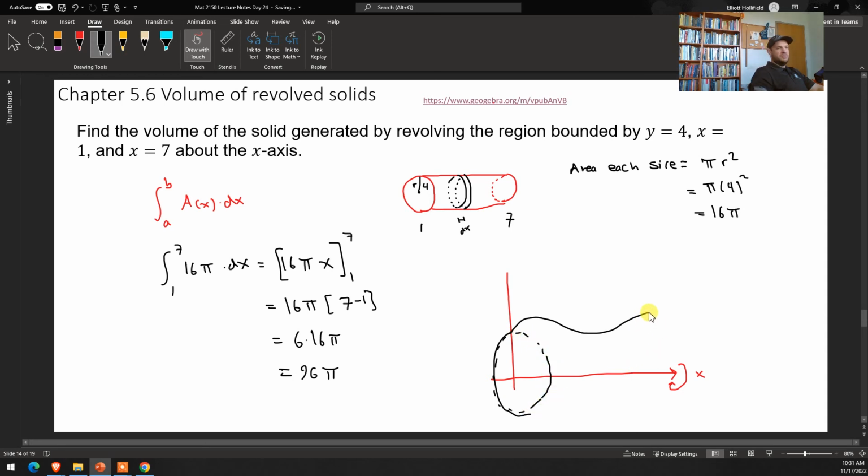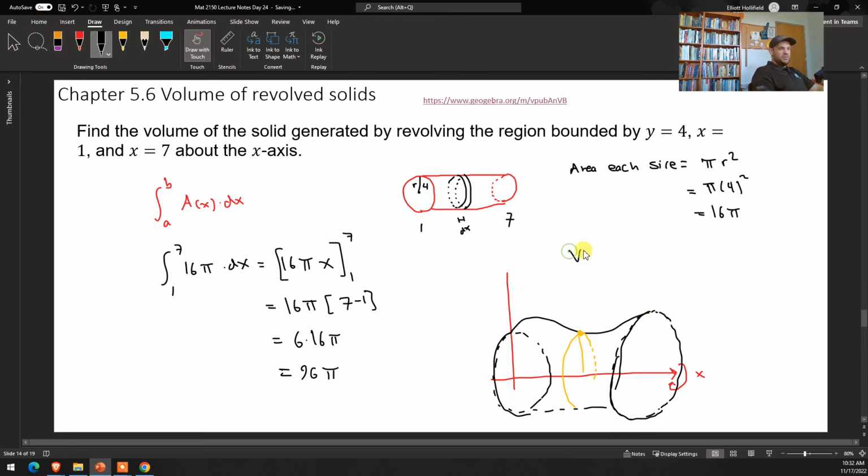Here's a cheap sketch of what this object will look like if we revolve this function around the x-axis. Then each slice forms a circle, where the radius is determined by the function.